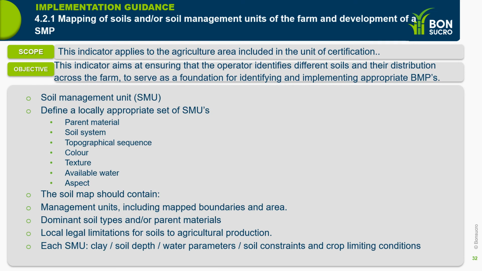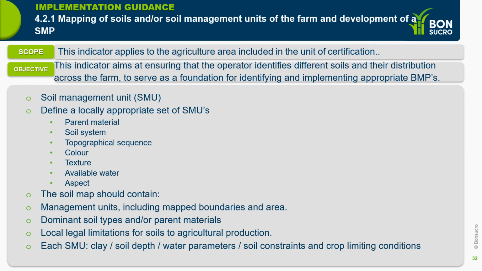So ideally, we need to have a soil study to identify the different characteristics of the soil, physical and chemical characteristics of the soil in some areas. And after, with this information, we can construct some soil management units that will be more homogeneous in this case.